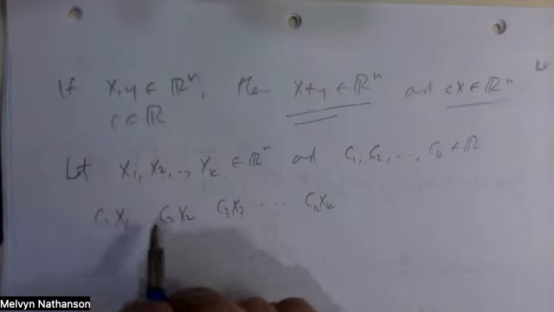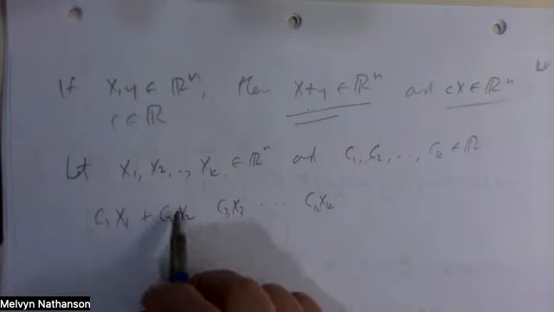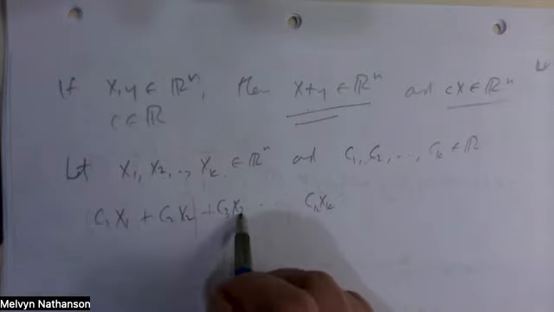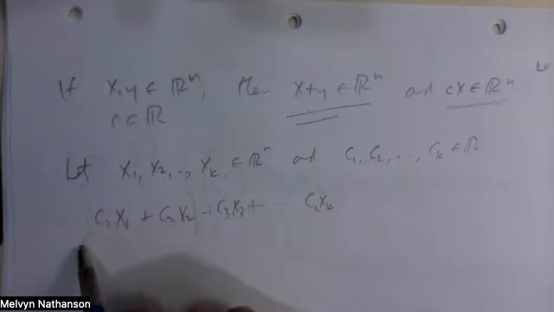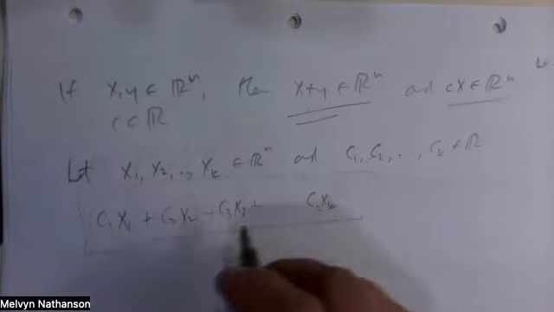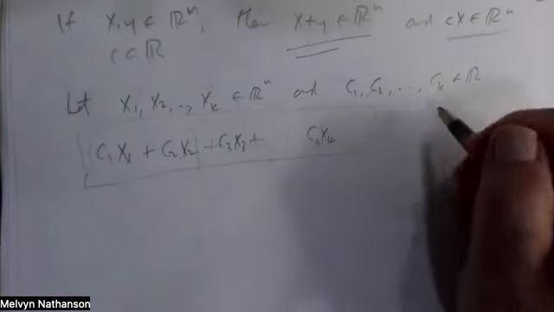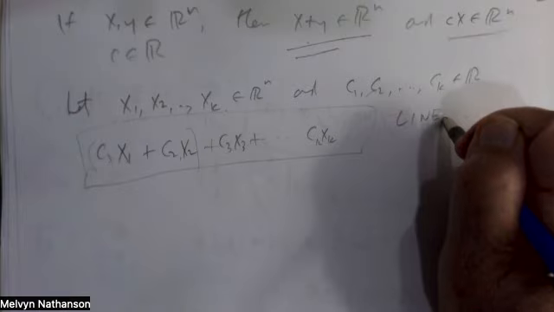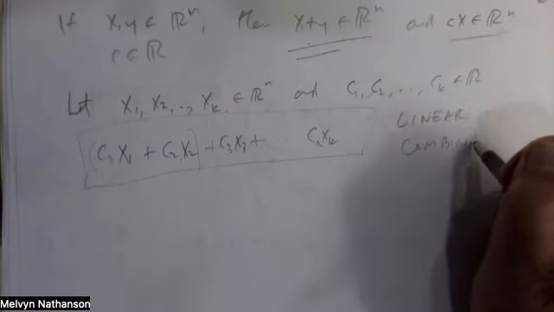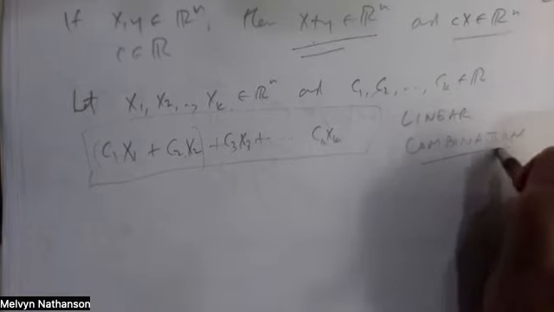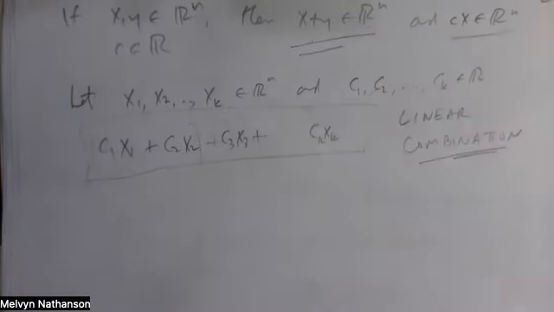And then I can take these first two vectors and add them. And then I can add this vector to this. And I can just keep adding all these vectors. And this expression is what is called a linear combination of the vectors x1 up to xk.